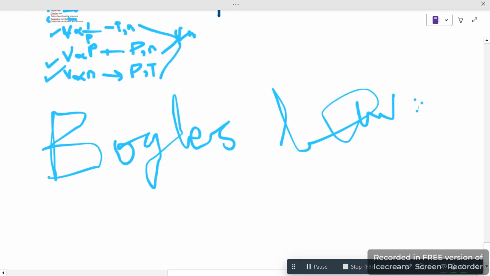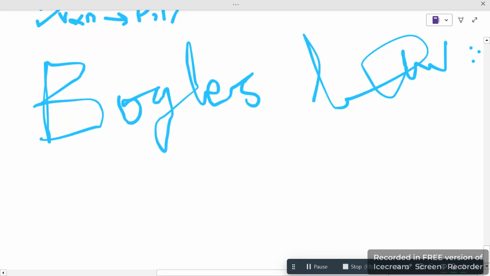First thing, I will write here: the volume of a given mass of gas. The mass we're talking about here is gas, because the chapter we are discussing is the gaseous state.